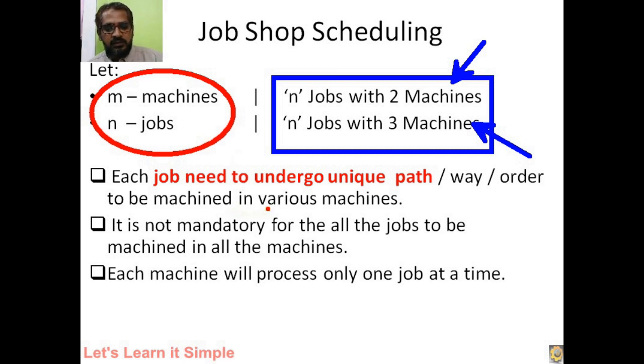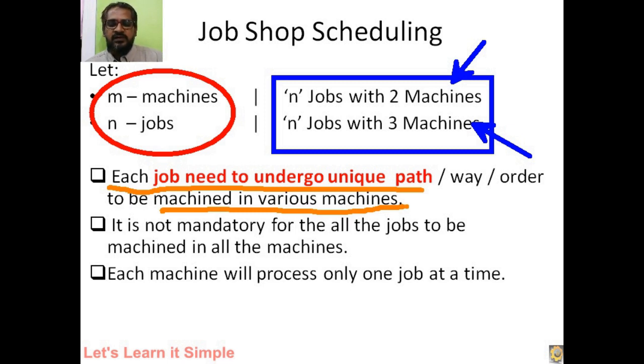Now there are some points to understand about this JSS. In the job shop scheduling problem, each job needs to undergo a unique path or order, so that it is processed in various machines. Each job will follow a specific path.